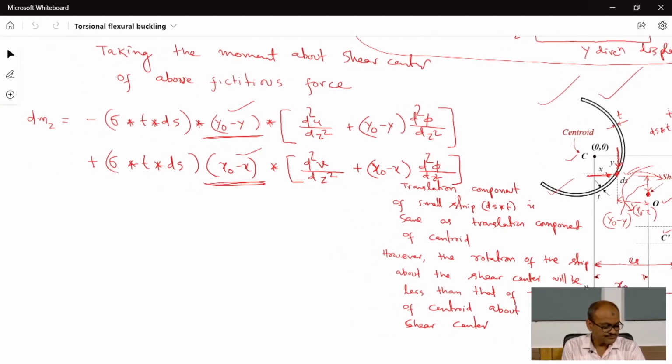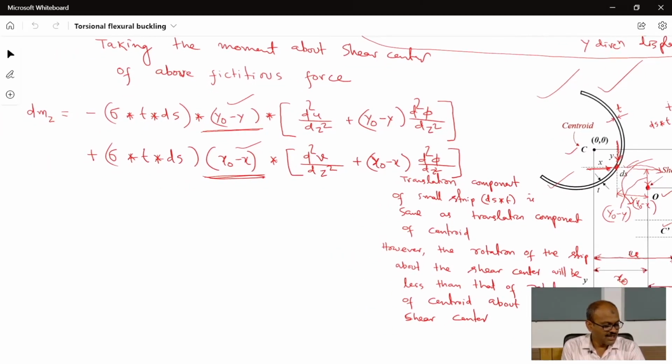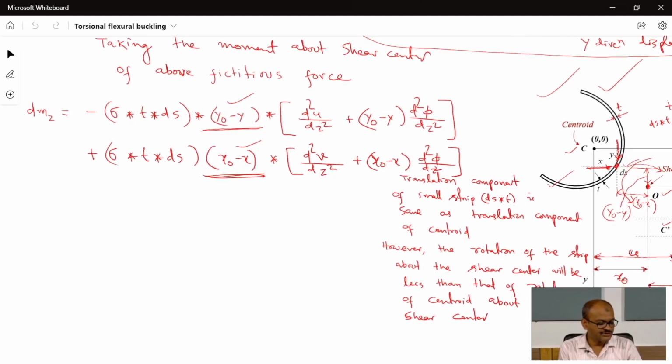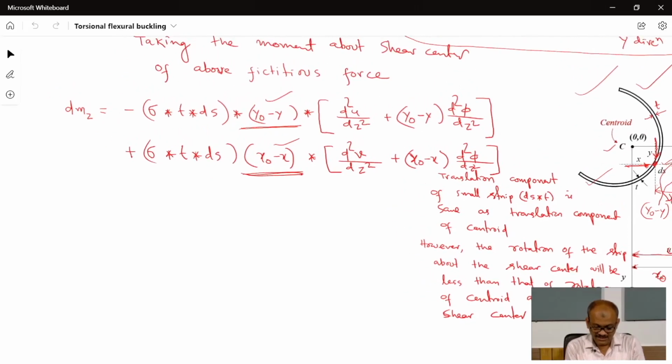So, we got the moment about the shear center by both the fictitious forces, and if we simplify this, it will become mz. You will have to integrate over the total cross section, so you multiply with the complete area A, and this is dmz.